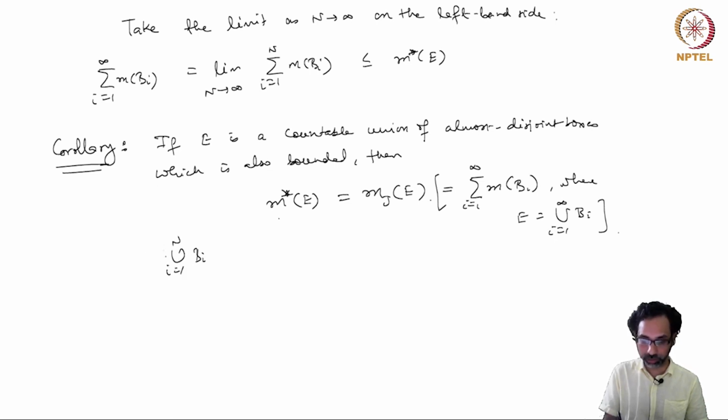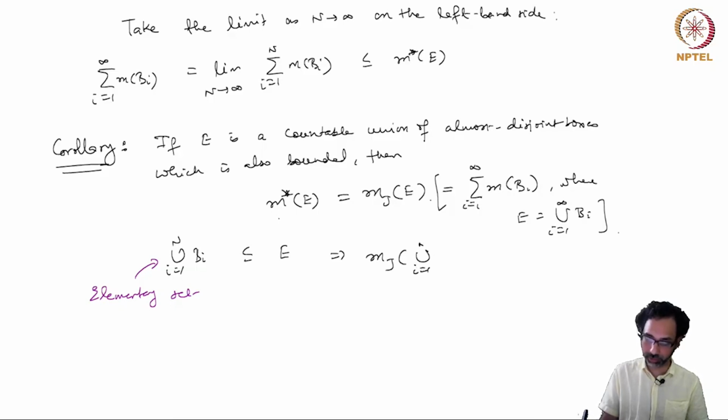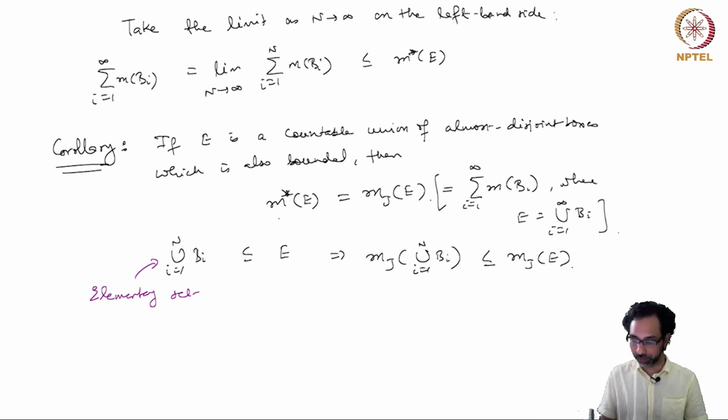This is now an elementary set, and it is contained in E, and so the Jordan measure of this set is less than or equal to the inner Jordan measure of E, and this is nothing but the sum i equal to 1 to n of m Bi, because this is an elementary set.